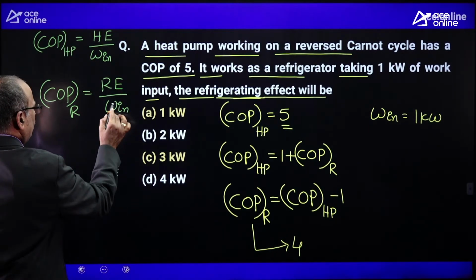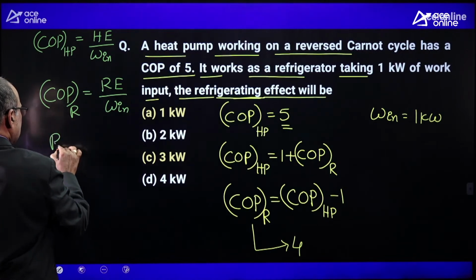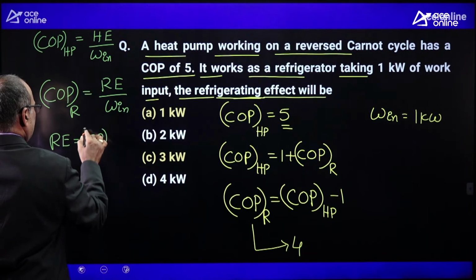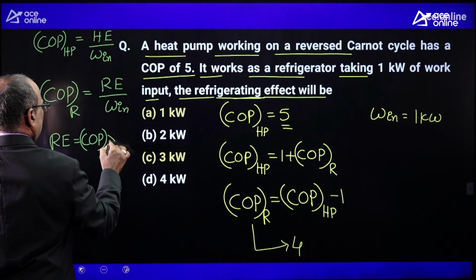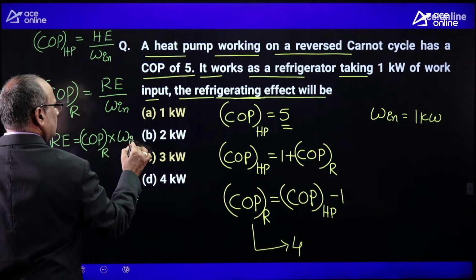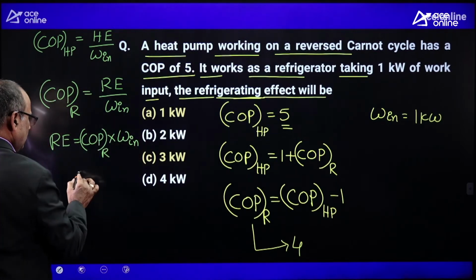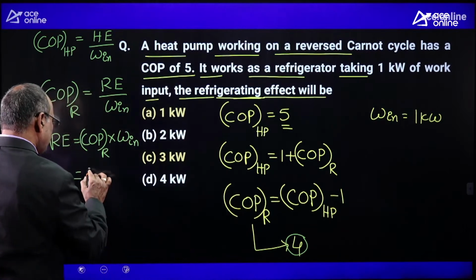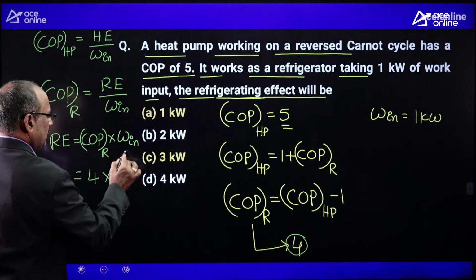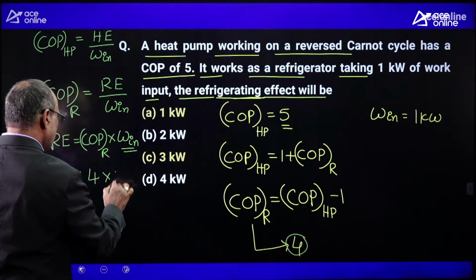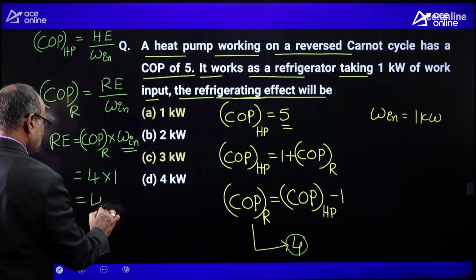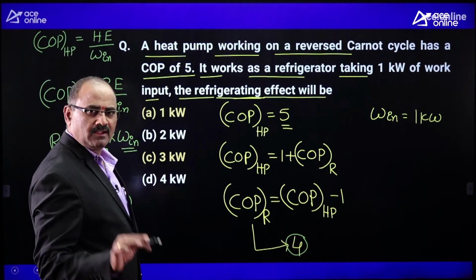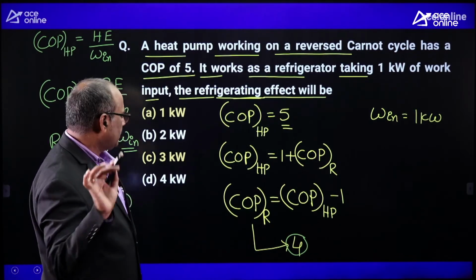Okay? Now from this, the refrigeration effect equal to COP of the refrigerator multiplied by work input to the refrigeration system. What is the COP of the refrigerator? COP of the refrigerator is 4 multiplied by work input is 1 kilowatt is equal to 4 kilowatts. That is the refrigeration effect of that particular unit.